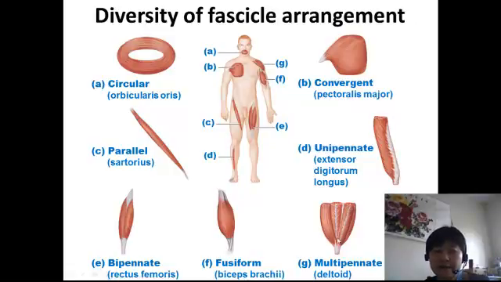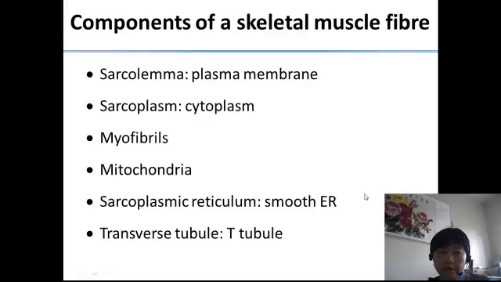The last type we have is multipennate, which is found in the shoulder muscle. So these are the different ways the muscle fibers are arranged within a muscle.